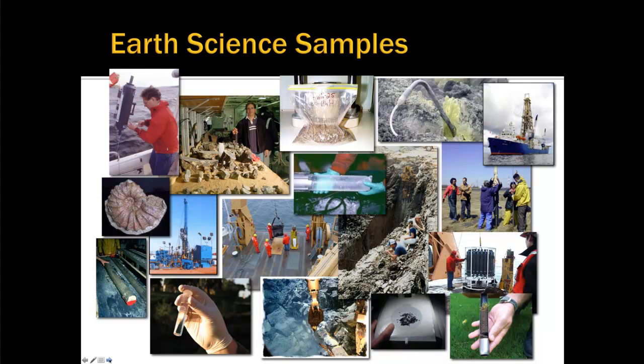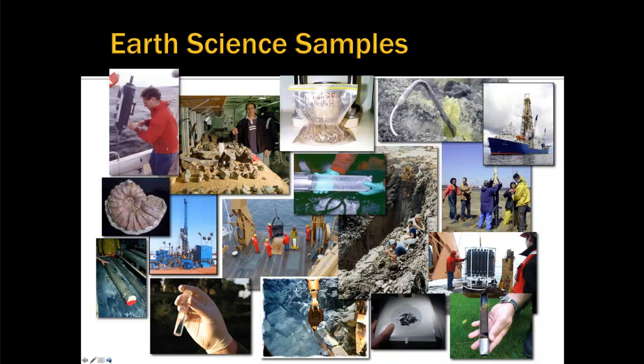I'd like to start off by reminding everybody how relevant samples are for the earth sciences and for understanding the earth and its dynamic evolution and processes. A lot of money is going into large sampling campaigns like the International Continental Drilling Program or the Ocean Drilling Program.